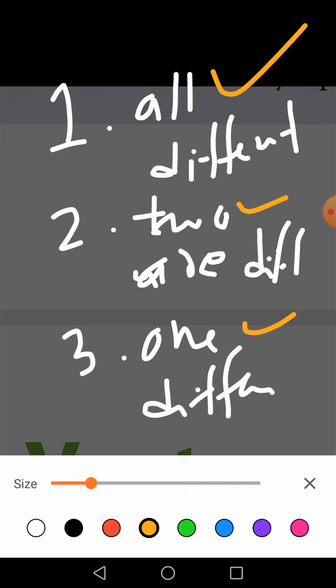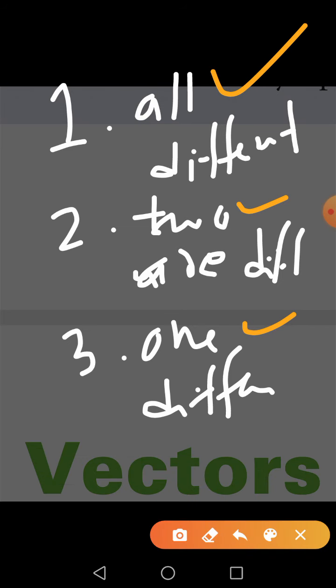Or the x values are the same, the z values are the same, but the y values are not. It may be any one of these cases, but at least one coordinate has to be different. Even if two coordinates are the same, it does not mean the lines will meet. The lines will only meet if all coordinates are the same. Please note it down.